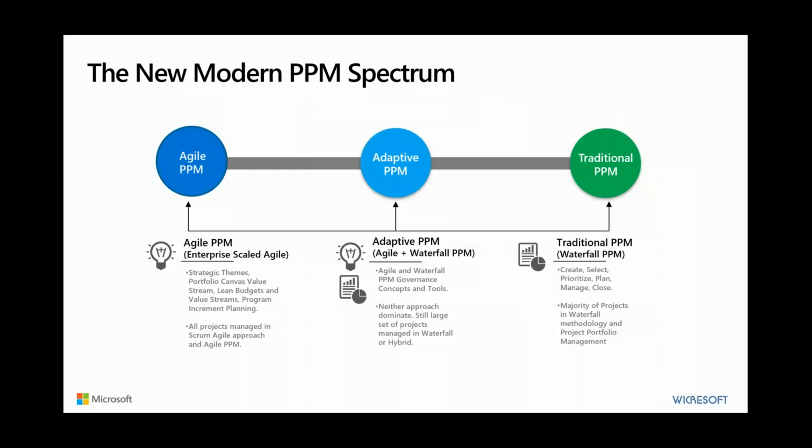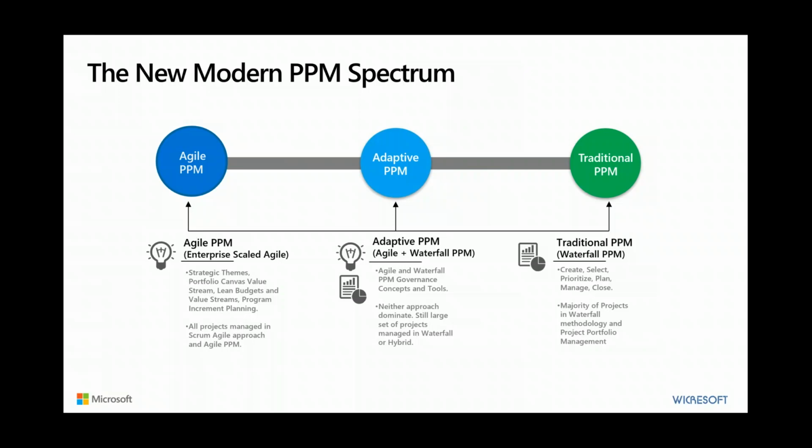So in the new modern PPM spectrum, there are three major pillars that we see. Over on the right, you've got the traditional PPM model that's been around for many decades. The idea here is that organizations almost exclusively did that in the past, and they used traditional PPM and waterfall types of approaches to making those things happen.